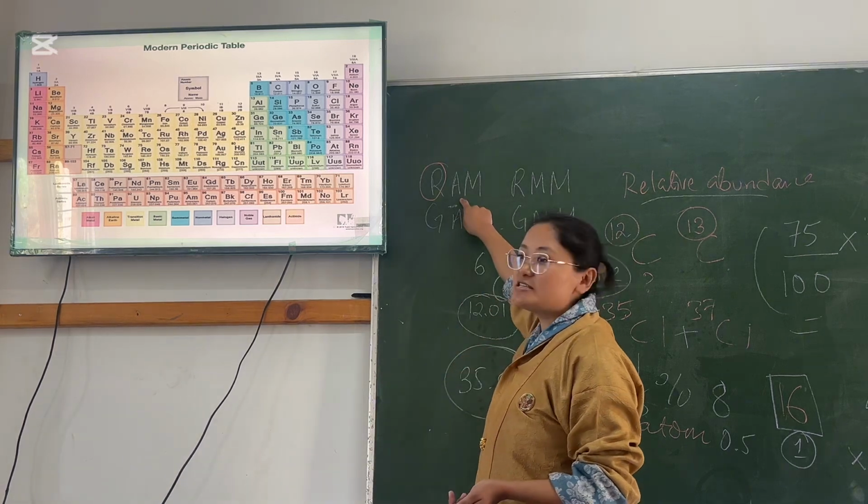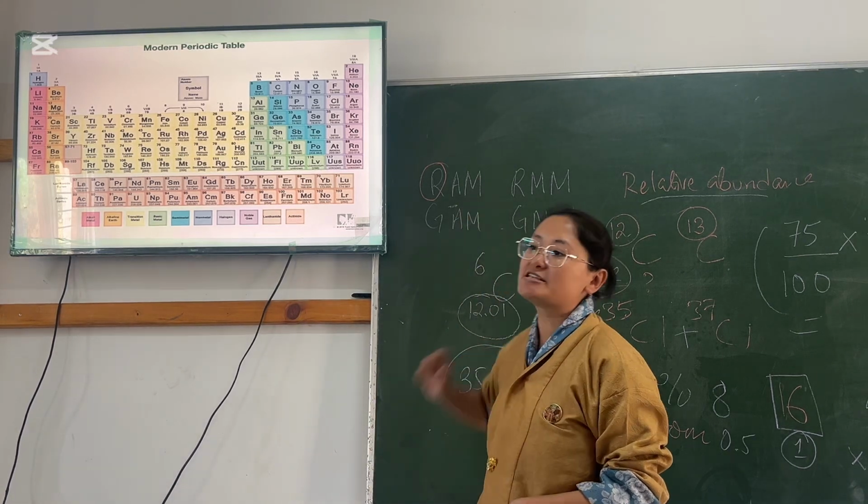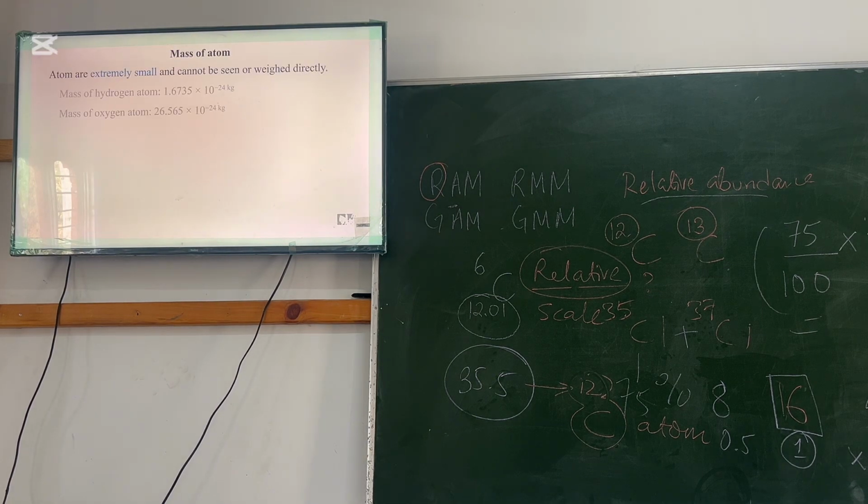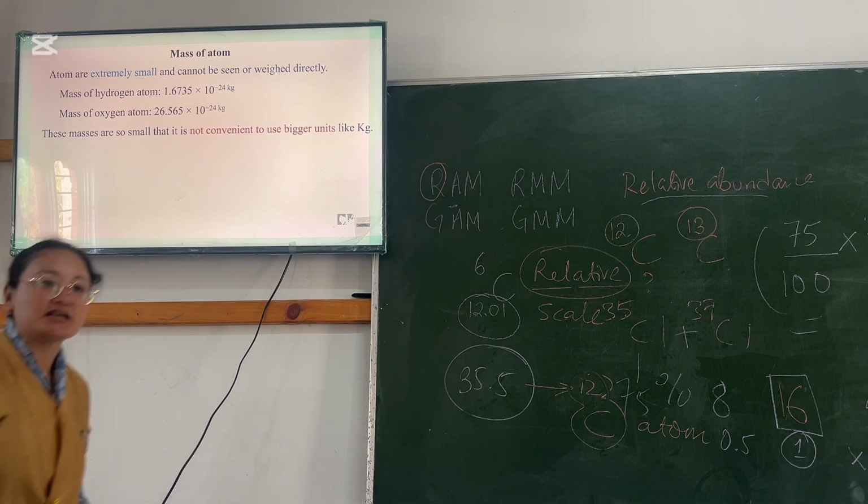Okay, so let us see the definition of relative atomic mass or molecular mass. Atoms are extremely small. For example, look at the mass of a hydrogen atom, its absolute weight, the true mass.